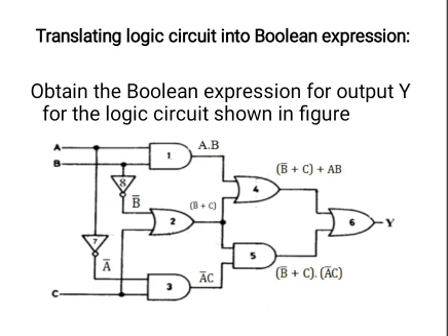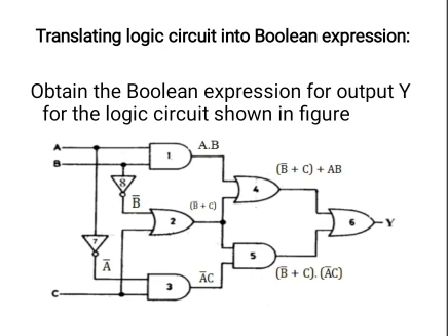So these two expressions, that means B complement plus C plus AB, and B complement plus C into A complement C, are the inputs of the sixth gate. So the output is obtained.